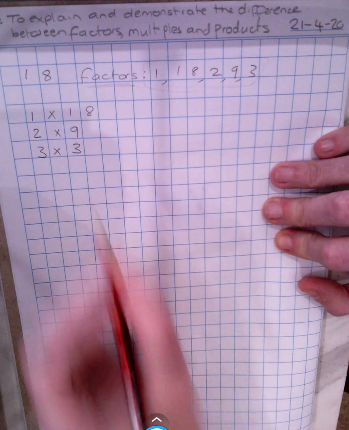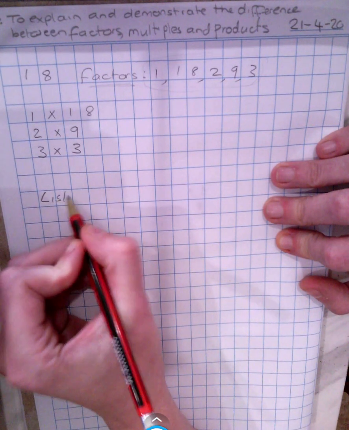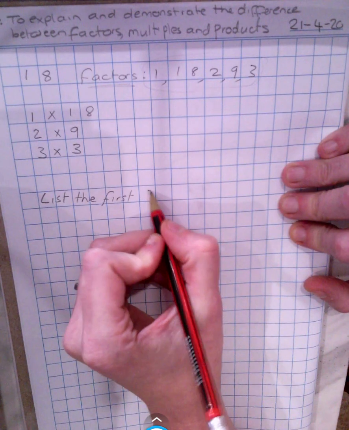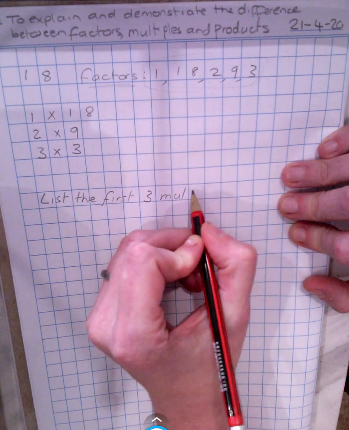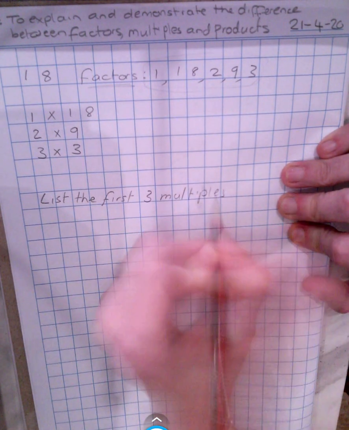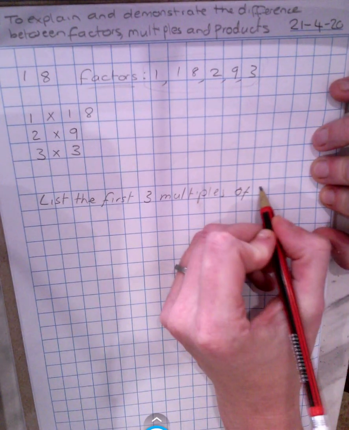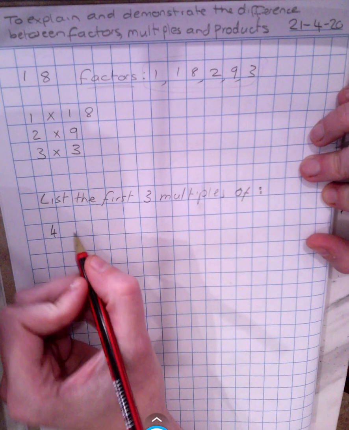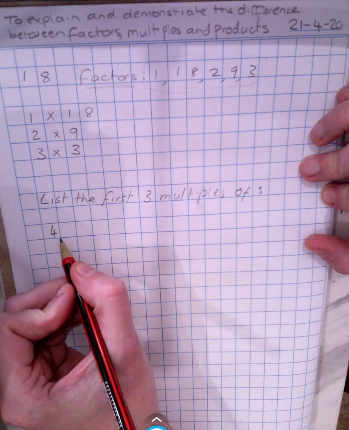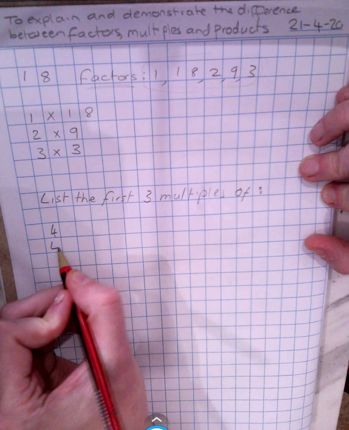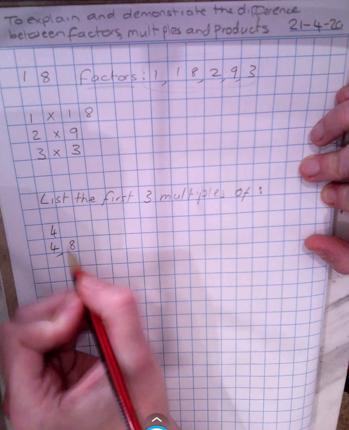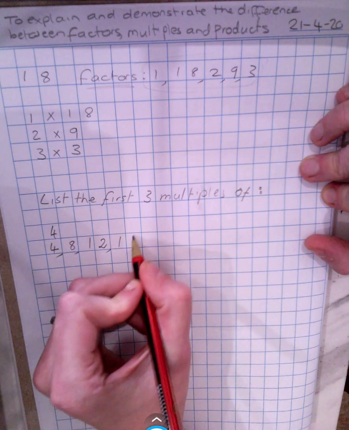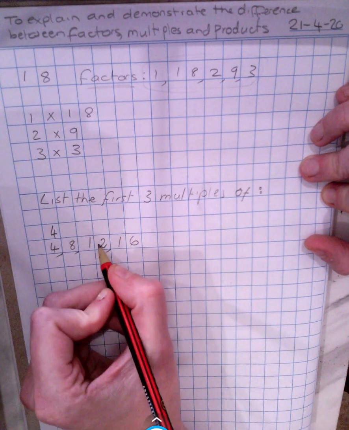So if I was going to list the first 3 multiples of, let's go 4. The first 3 multiples of 4 would be 4, 8, 12, 16. 1, 2, 3, 4.